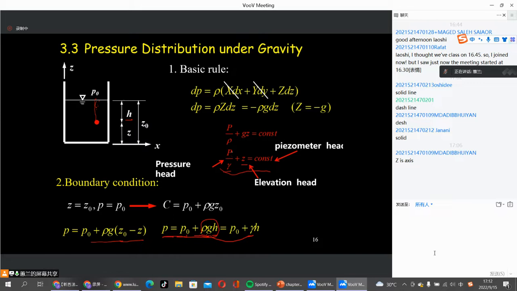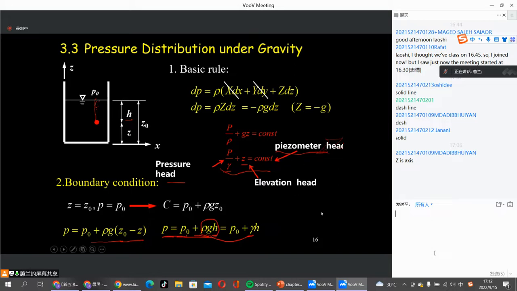You can check it out. P over gamma is called the pressure head, and Z is called the elevation head. P over gamma plus Z we call the piezometer head. Later on, we will use it.